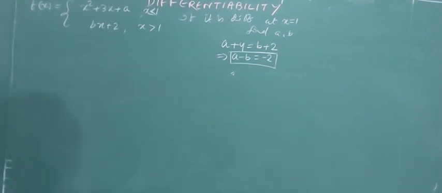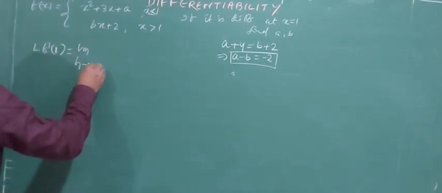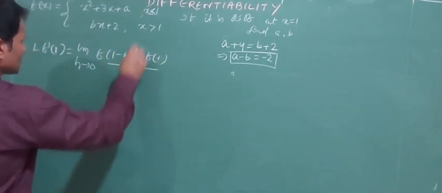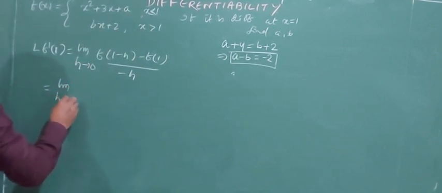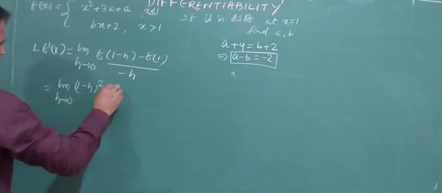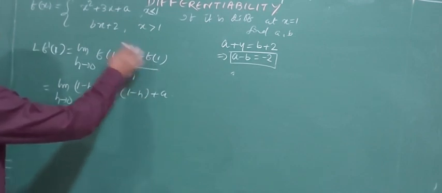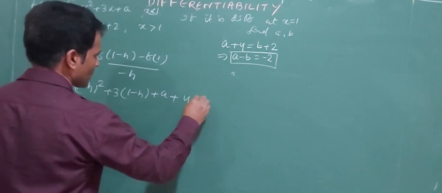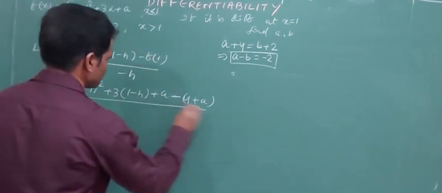Let's go back now to differentiability. Left derivative at 1: limit h tends to 0, f(1 minus h) minus f(1) by minus h, because 1 is the point. Then (1 minus h) whole square, 3 into (1 minus h), plus a, minus f(1), which we already calculated just before as 4 plus a, by minus h.